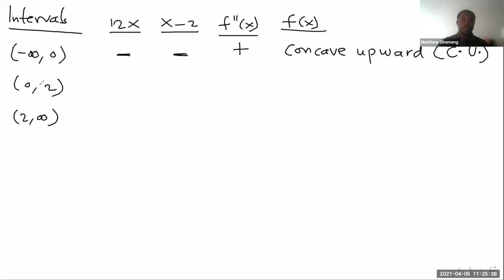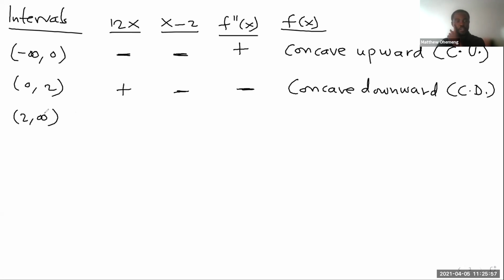For this one, let's pick a number, say 1. So 1 here is positive, 1 here is negative. A positive times a negative is a negative. Hence, the function is concave downward on that interval, or you can say CD. For this interval, you can pick the number 3. 3 times 12 is positive, and 3 minus 2 is positive.